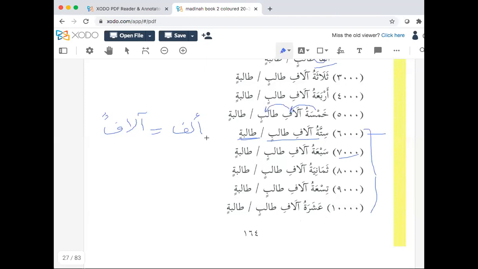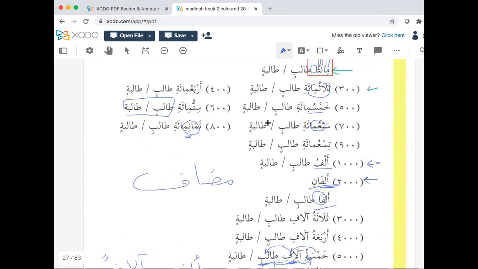So it's a double مضاف مضاف إليه relationship. At the same time, آلاف is مضاف إليه when it comes to خمسة, and مضاف when it comes to طالب. And the معدود, as you can see, is still مفرد.